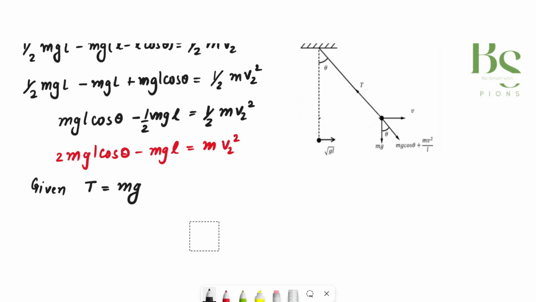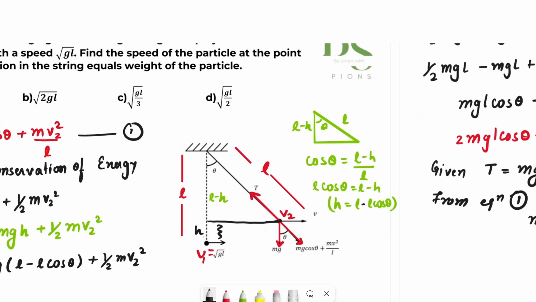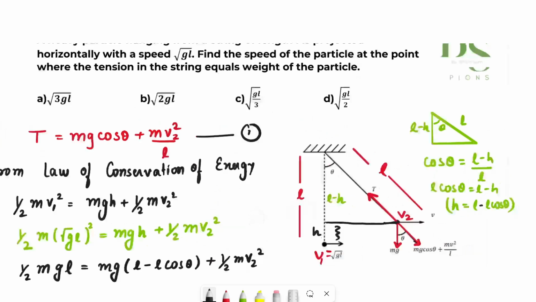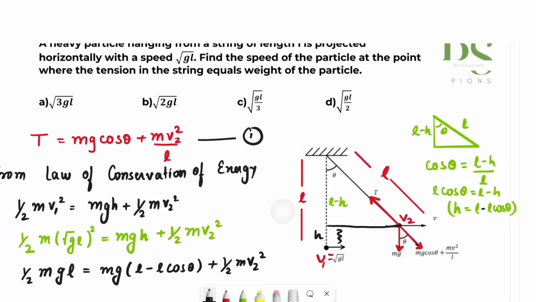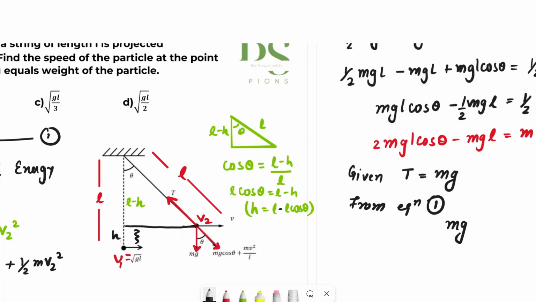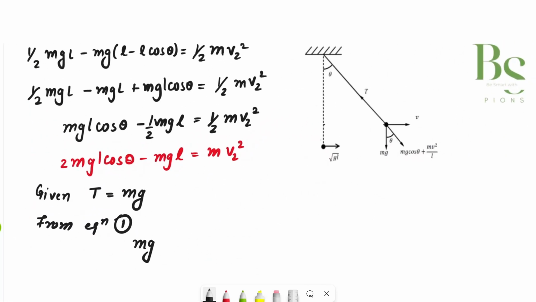So from equation 1, if we substitute T equal to mg, our equation 1 will take the form: mg equal to mg cos theta, T I am putting as mg. So it is mg equals mg cos theta plus mv2 square by L. Correct?